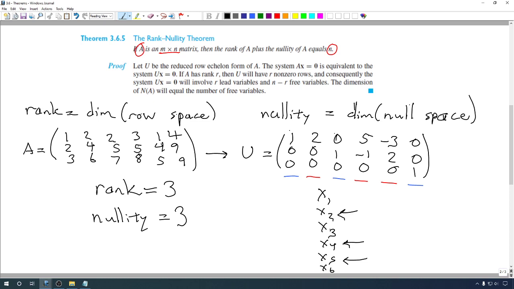So in retrospect, it's not that hard to see why this occurs. It's just two different parts of our row echelon form, two distinct spaces, but they're just two, not really halves, but two equivalent parts of the same whole.